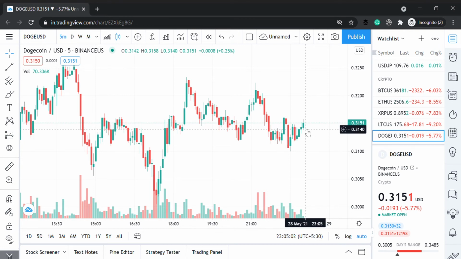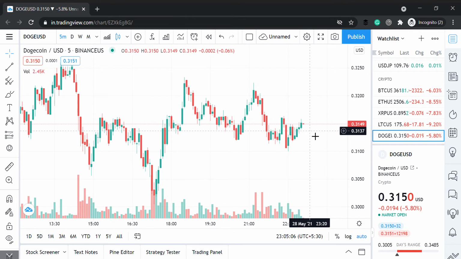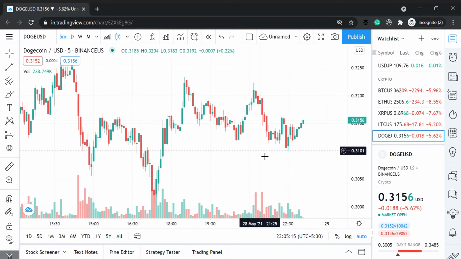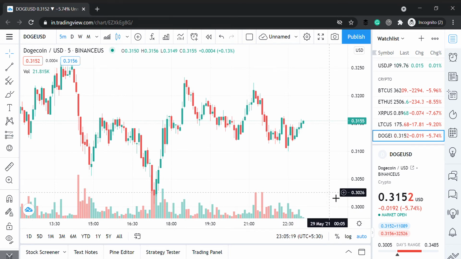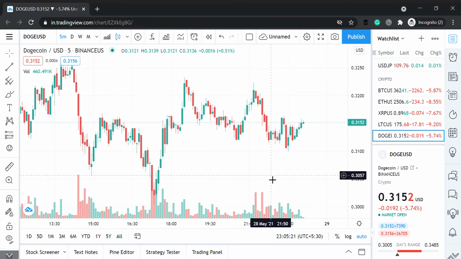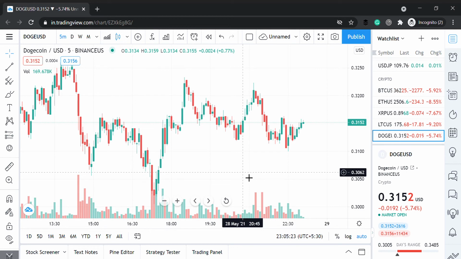I think this candle, oh, see, we are having a red candle now. The price is going up, but the volumes are quite low, as you can see here, and the price is starting to decrease.